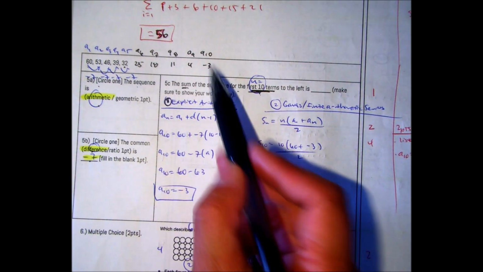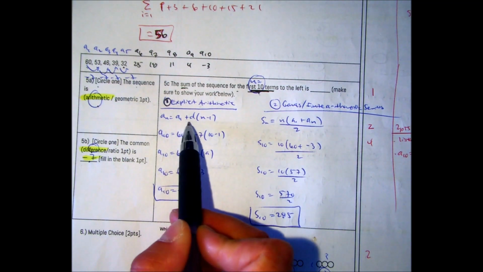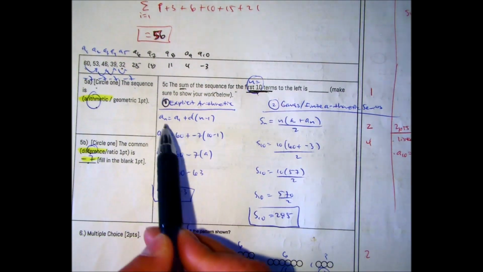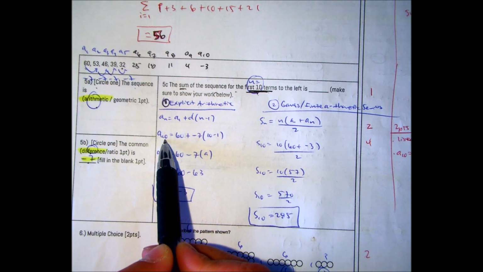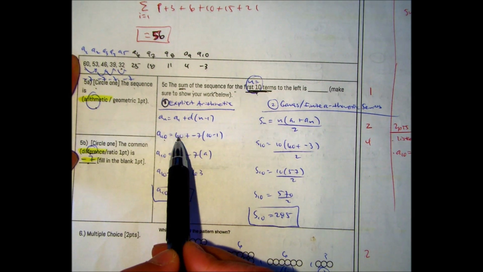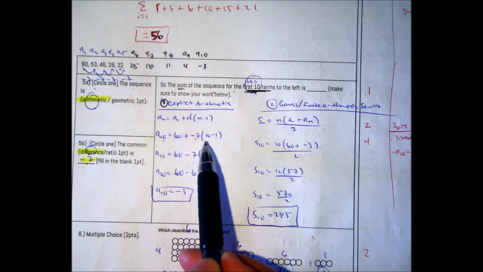In this case, I want to know what the 10th term is. a_n equals a_1 plus d times (n minus 1), where your n value is 10. Your a_1 value is 60. Your common difference is -7. And your n value is 10.